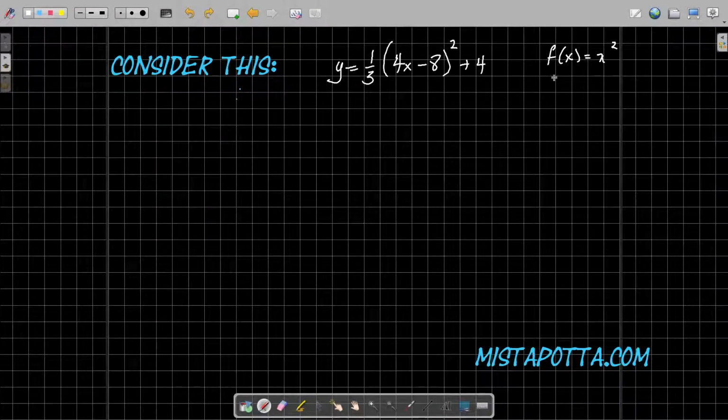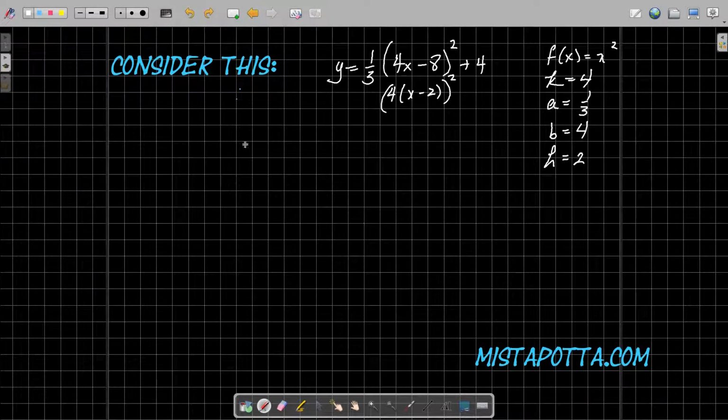We know that we are translating vertically 4 units. We know that our dilation factor vertically is 1/3. And if we factor out this 4, that's really what's being squared. So for us, b is 4, and our translation is going to be 2 units.